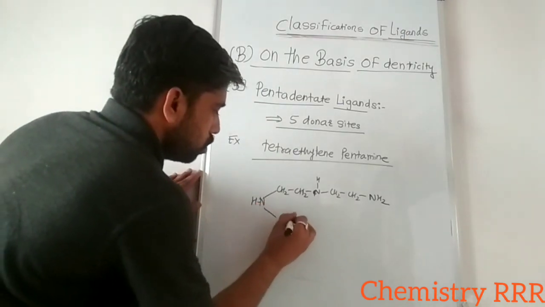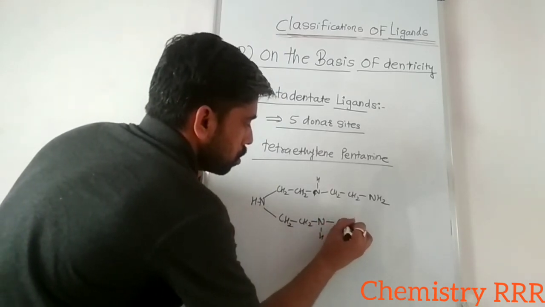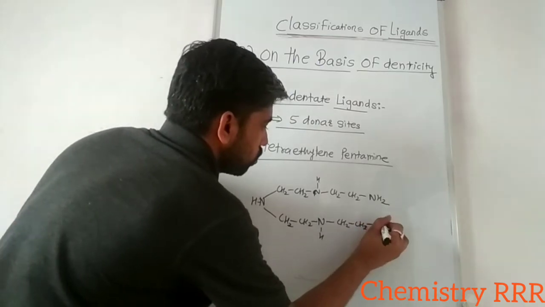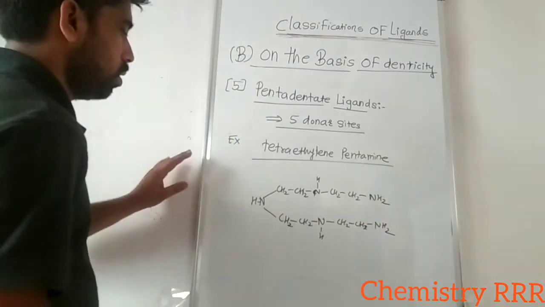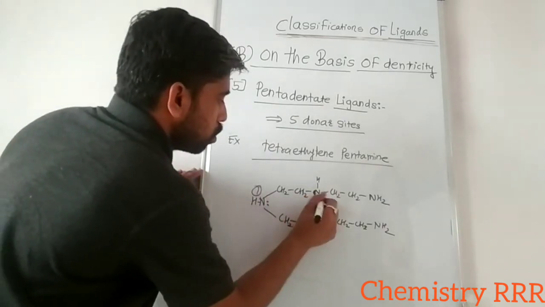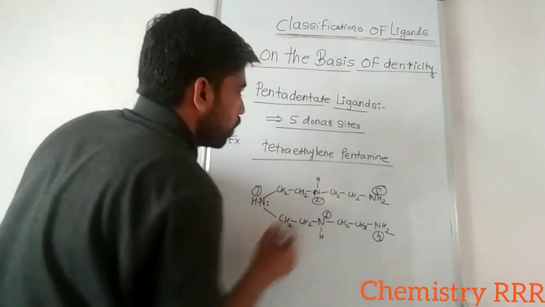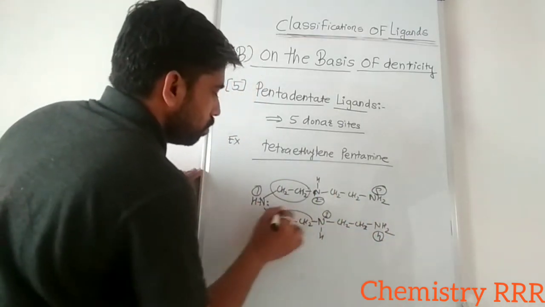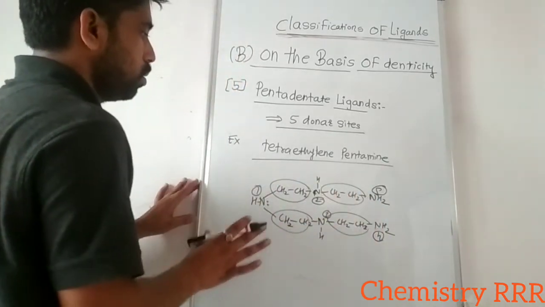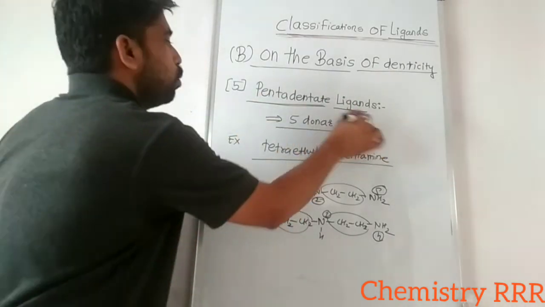On this side also CH2, CH2, NH, CH2, CH2, NH2. It has 5 donor sites, 1, 2, 3, 4 and 5, and 4 ethylene groups, that is tetraethylene pentamine. This is a pentadentate ligand having 5 donor sites.